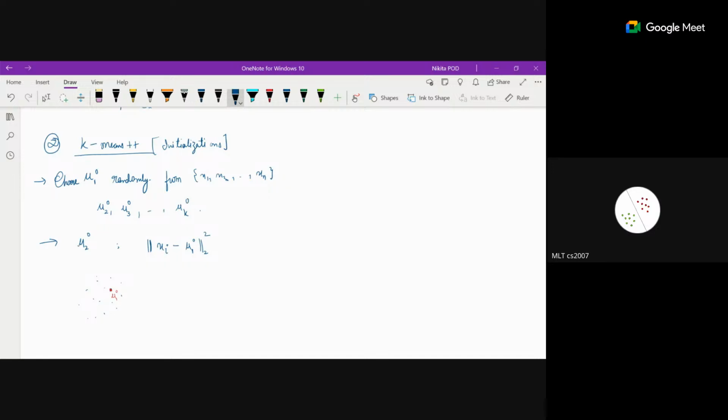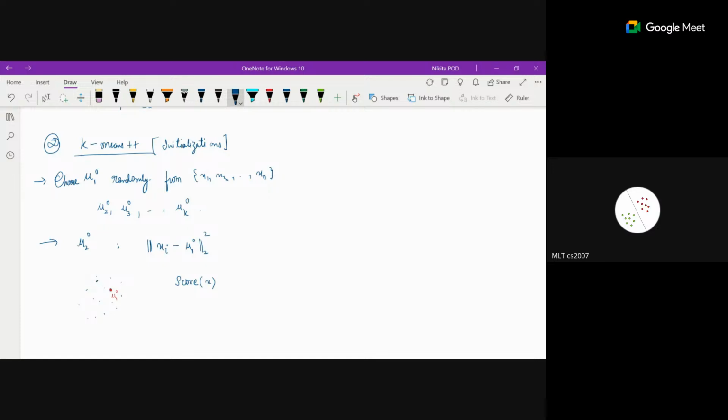Whatever the minimum is, I will take this as the score. So we are going to define another term, and this is called the score for a data point. For every data point, we are going to assign a score.